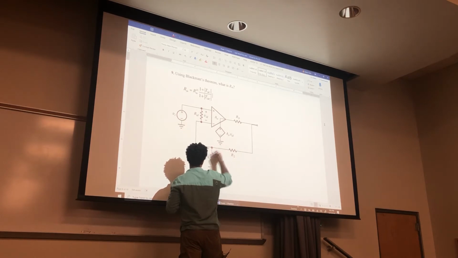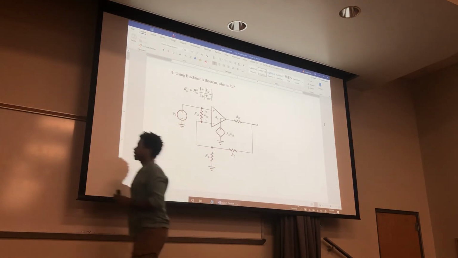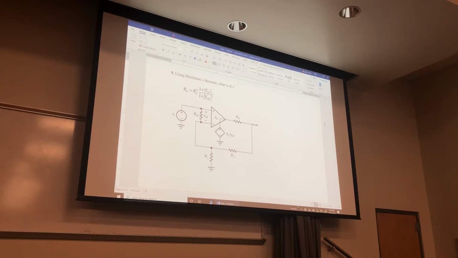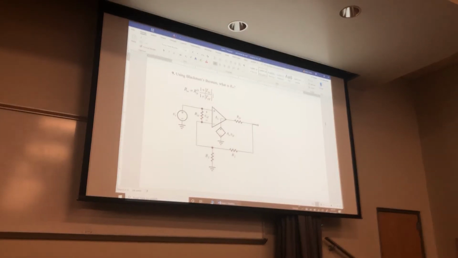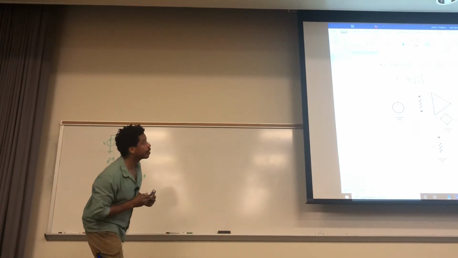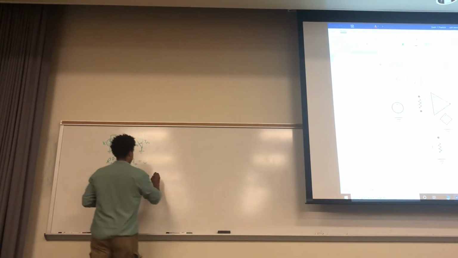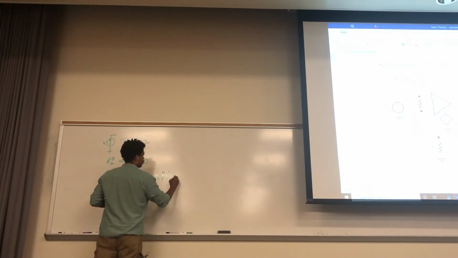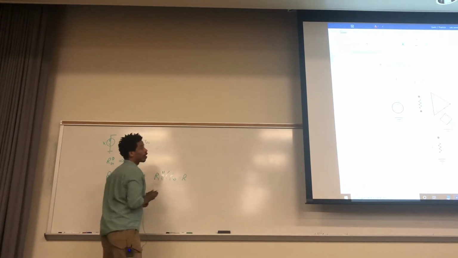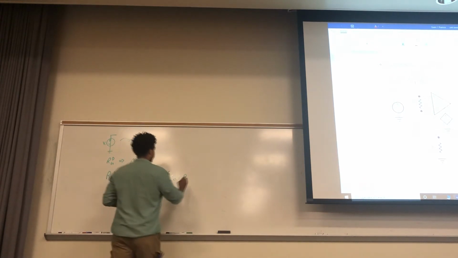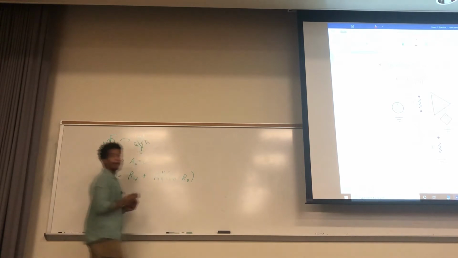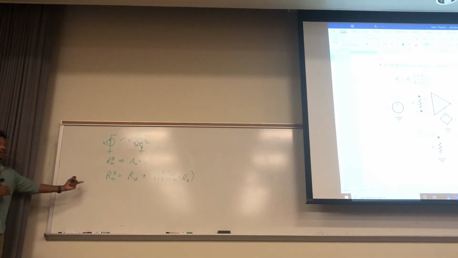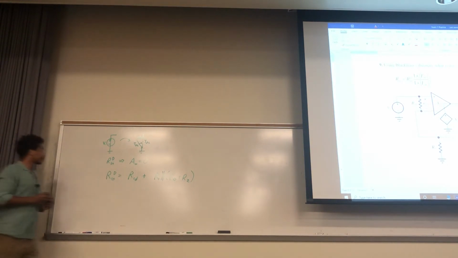So these two branches are in parallel with that one in series. So let's write it like RID in series with this R1 in parallel with R0 plus R2. Okay? That's RIND.